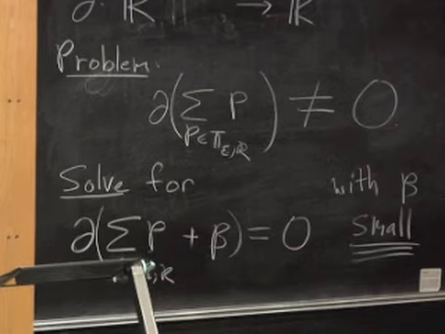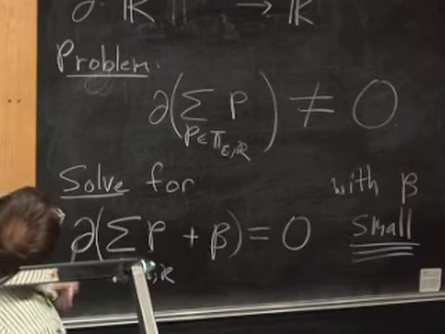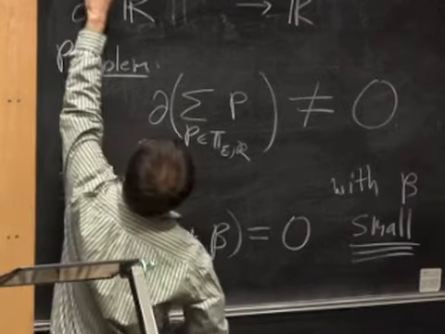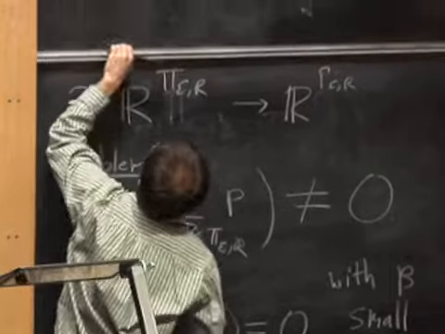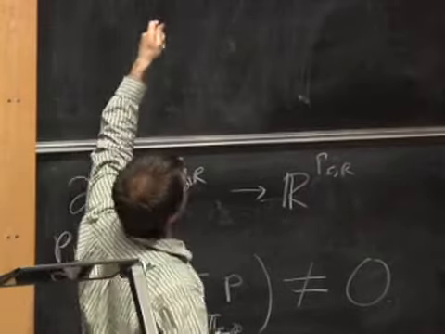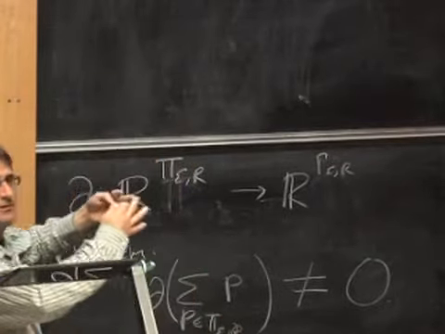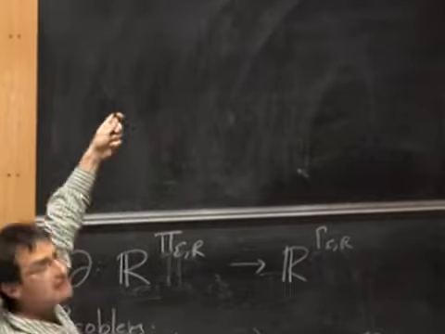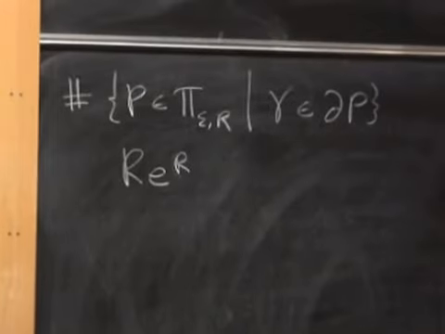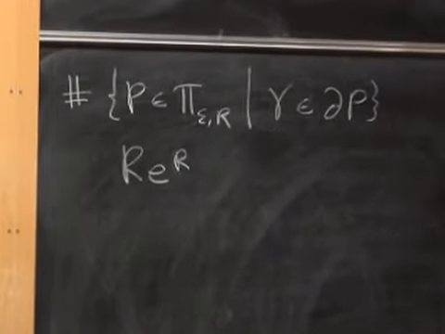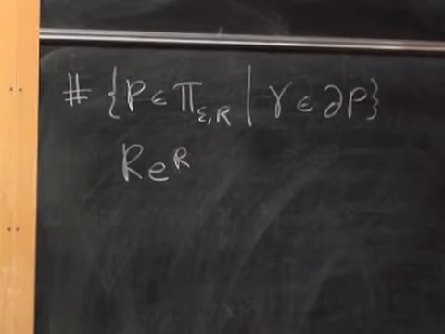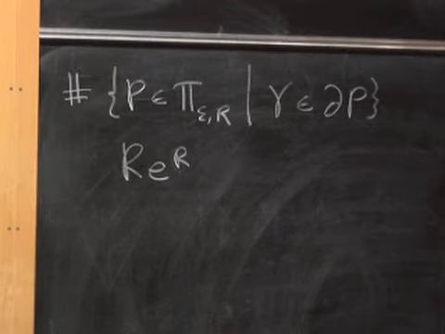Recall each curve is somewhere up here. The number of pants that have a given geodesic as boundary is kind of like e to the r. And so if we're going to take some error on a geodesic and distribute it over all adjacent pants, we're distributing it over at most e to the r pants.